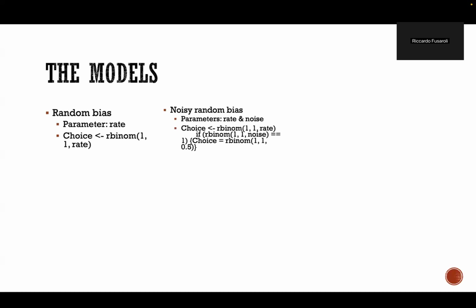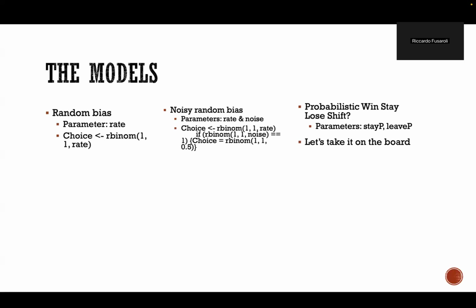We have a second model, the noisy biased random agent, which is exactly like the one before, but it adds a layer of additional noise. These cannot really be reproduced with the standard GLM, so I'm not even going to do that.